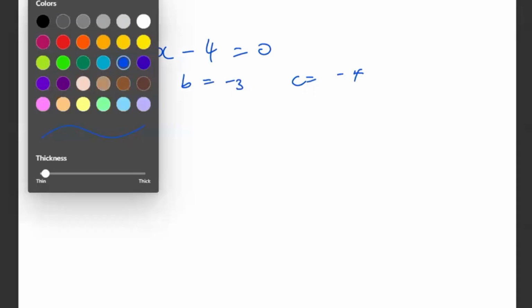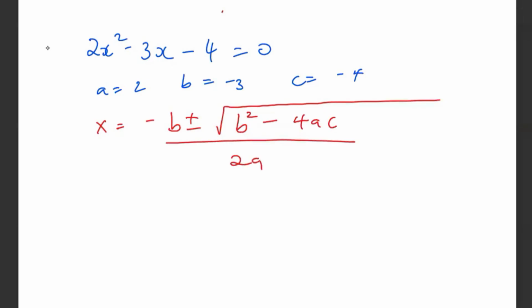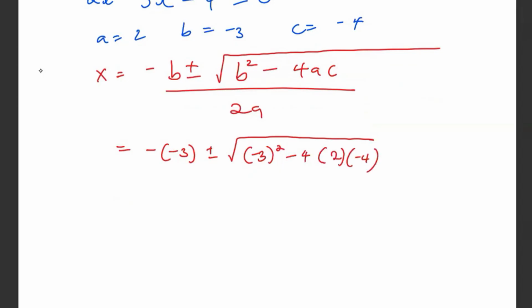And we know that from our quadratic formula, x must be -b plus minus the square root of b squared minus 4ac, everything over 2a. So if we do the substitution, it's going to be negative -3 plus minus the square root of -3 squared minus 4 times 2 times -4, over 2 times 2.